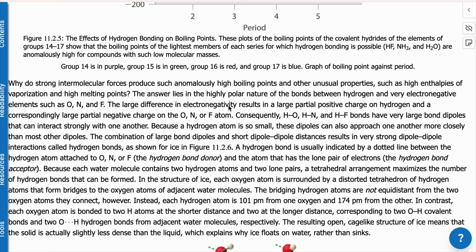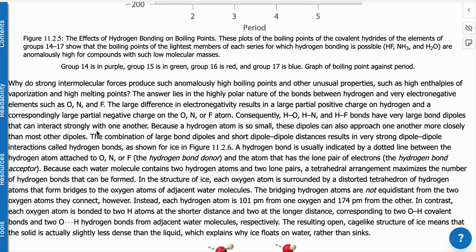The large difference in electronegativity results in a large partial positive charge on hydrogen and a correspondingly large partial negative charge on the other atom. Consequently, all these hydrogen-bonded molecules have large bond dipoles that can interact strongly with one another.